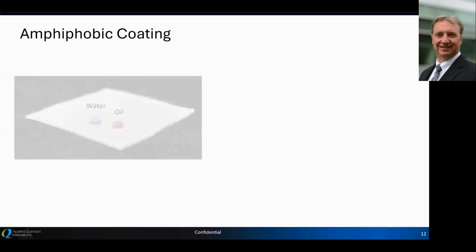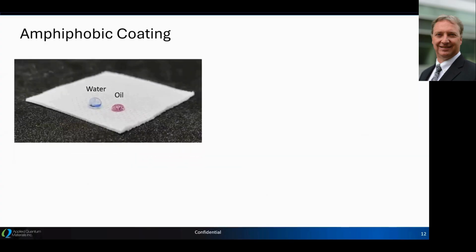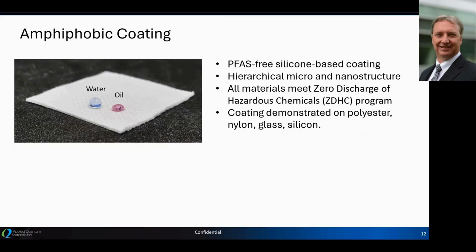So here's an example of this amphiphilic coating I mentioned before, so water and oil. It's PFAS-free. We use a hierarchical micro and nano structure, and we actually dip the cloth into the structure. It's completely invisible. You do not see it. These materials are completely non-hazardous, not like Teflon.